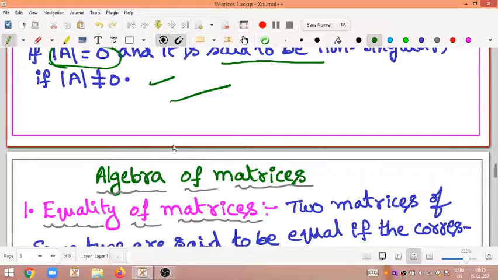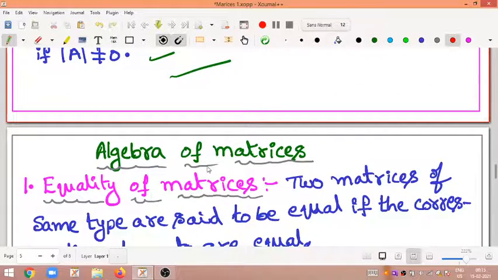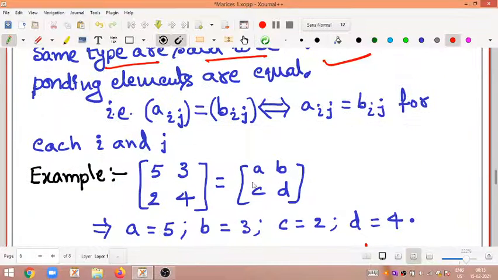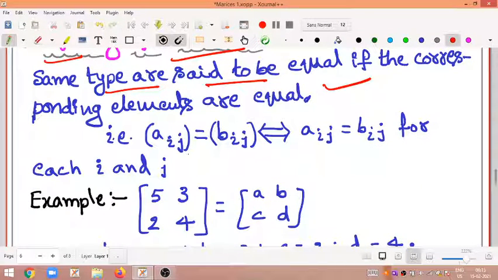Now coming to the algebra of matrices. First of all, equality of matrices. Matrices of the same type are said to be equal if the corresponding elements are equal. That is, A_ij equals B_ij.